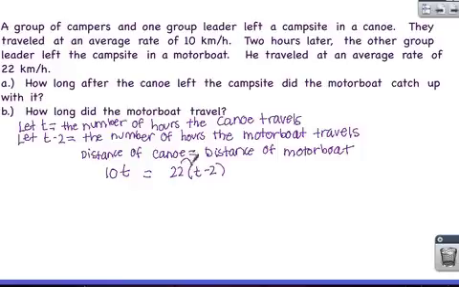And now we can go ahead and solve. So we distribute to get 22t minus 44, which equals 10t. Subtract 22t from both sides. We get negative 12t equals negative 44.